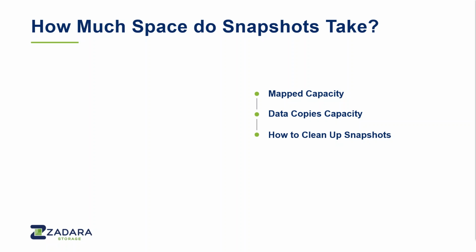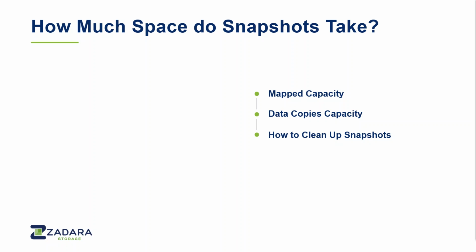For example, if you have a 10 terabyte volume, and you wrote 5 terabytes of data out, took a snapshot, then wrote another 2 terabytes, your data copy is going to be 2 terabytes, and your map capacity is going to be 5. What will happen is the pool will grow to 7 terabytes. They're using that, but your individual volume doesn't change.